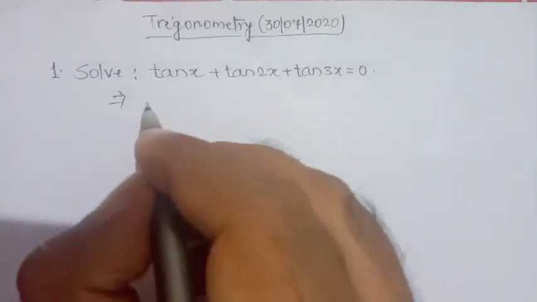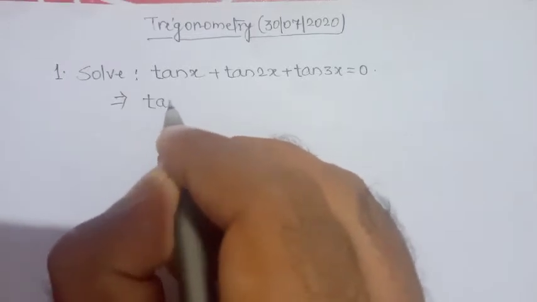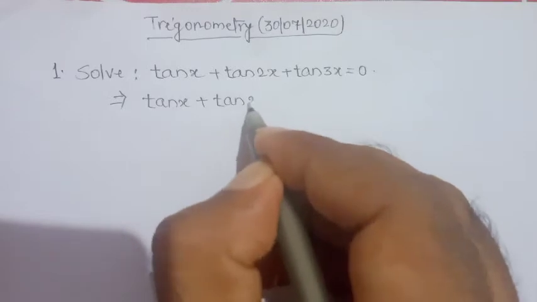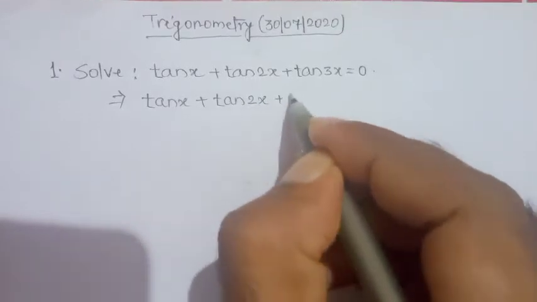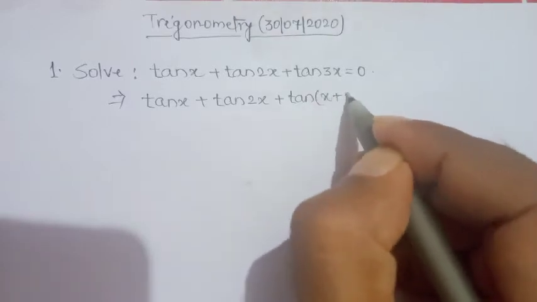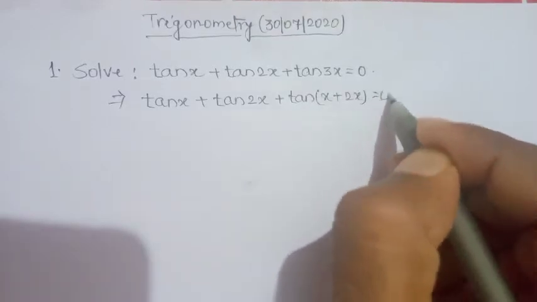In the first step, write down tan 3x as tan of x plus 2x, equal to 0.